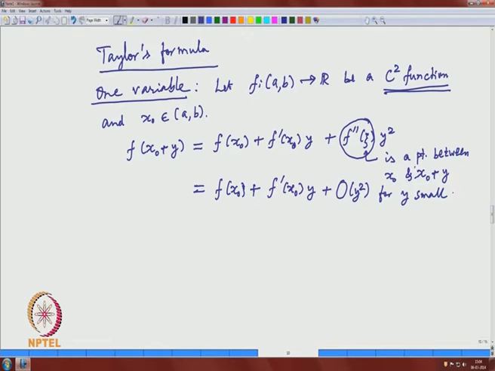And this is very much used in linearization of nonlinear equations.